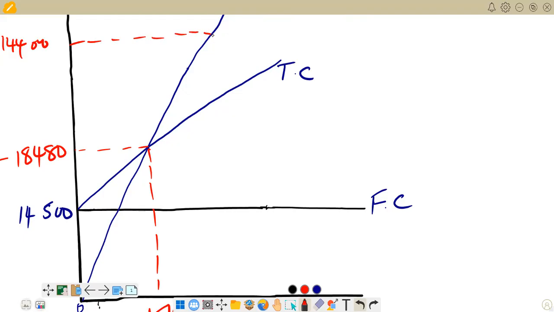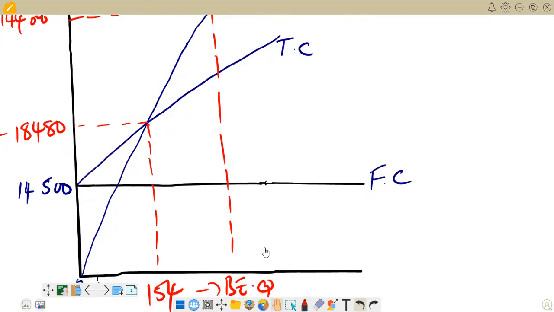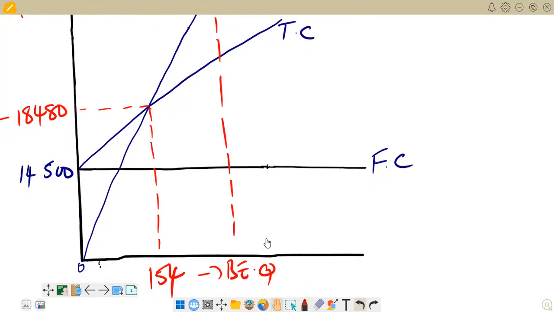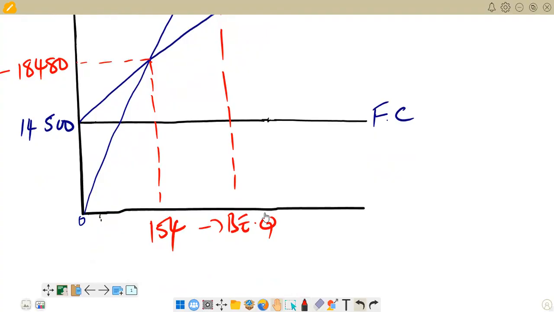And then if you make a vertical line there, going down to the horizontal axis, that's where we are going to represent the sales quantity. So here, that's where we have our 1,200 to represent our sales in units.